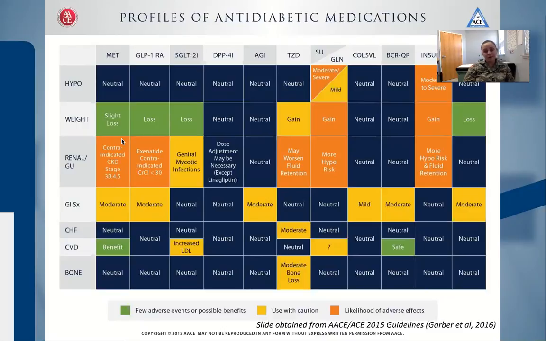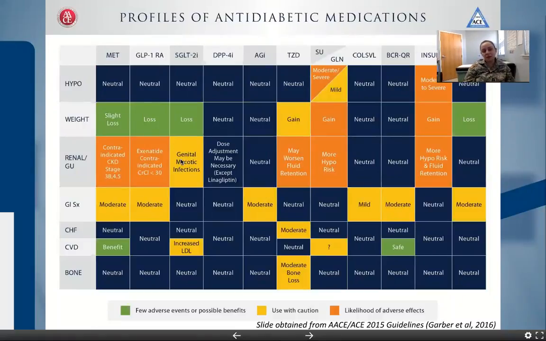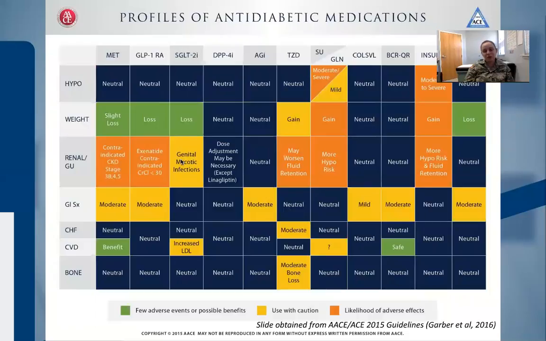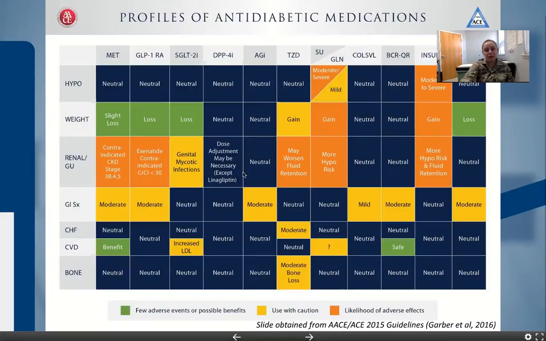SGLT2s are a newer class of medications. They are associated with an increase in yeast infections. I would recommend against using them in renal impairment. There's a box label that GFR less than 60 to avoid. I do really like using DPP-4s in type 2 diabetics.